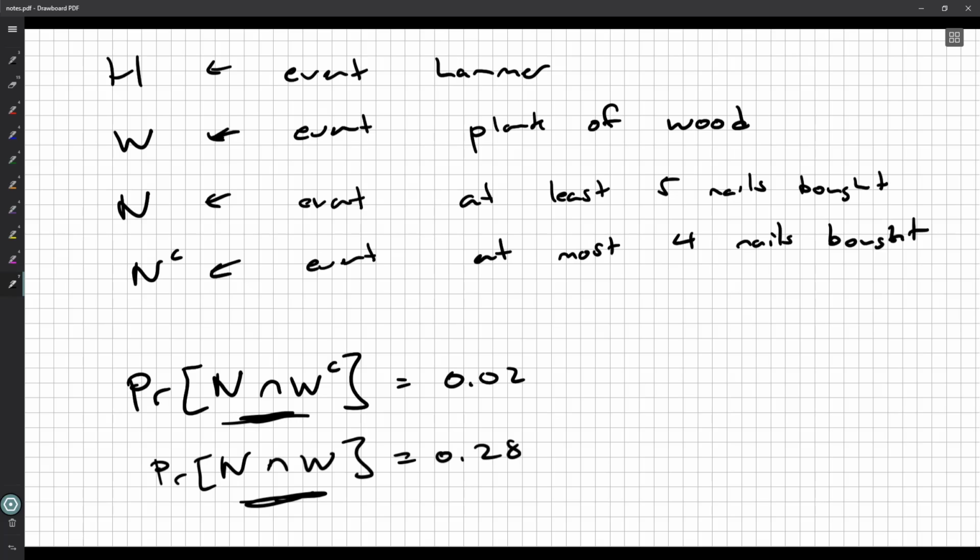Now, just as I'm thinking about this, we've seen this a couple times before: N intersect not W, and N intersect W. If I add these up, I should just get the probability that somebody buys at least 5 nails.